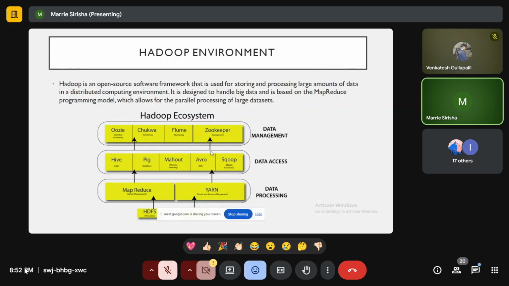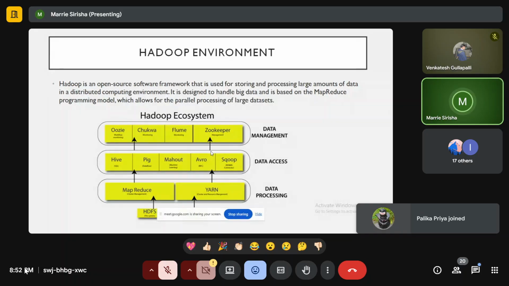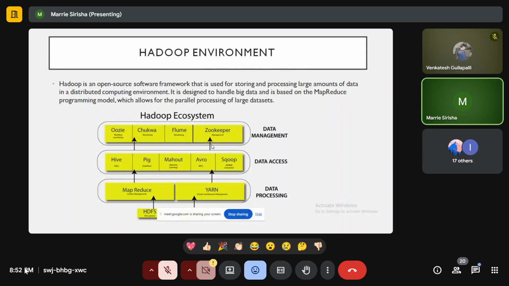So what will Hive do? Hive is nothing but data warehousing like SQL; it is a combination of data warehousing. It will store the data, and if you give an SQL query, it will give you the output. So data is stored in Hive. And what is Pig?